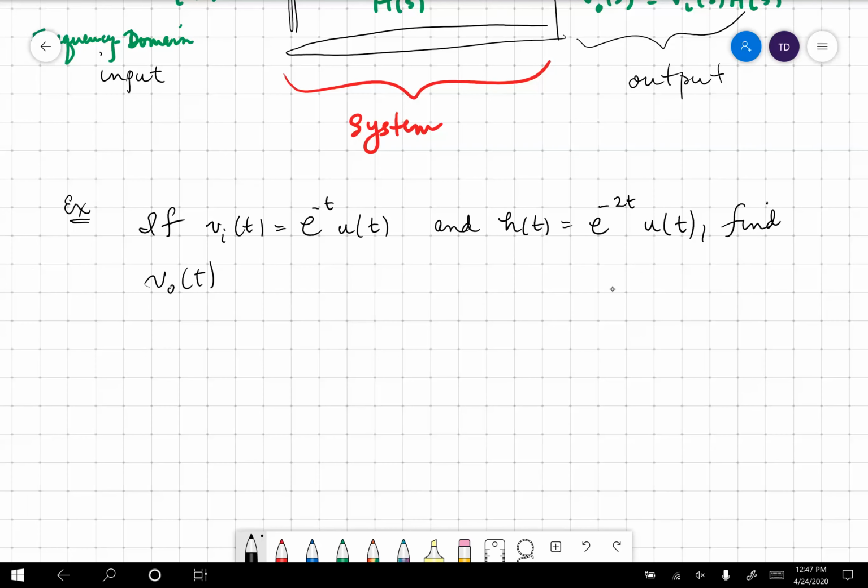Okay, if this, find VO of t using the convolution integral. So we'll start by using the convolution integral. Okay, so step one, I'm going to step this out for you. Step one, convolution integral. First of all, we need to know what is VI of tau and what is H of tau. So what's VI of tau?